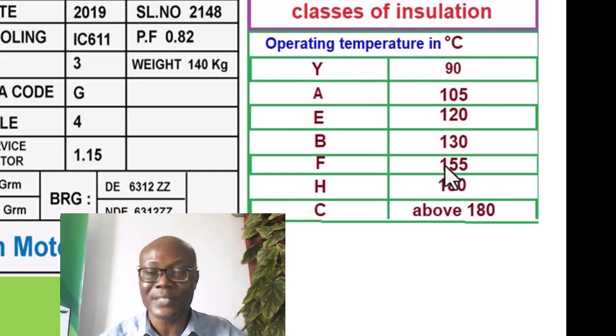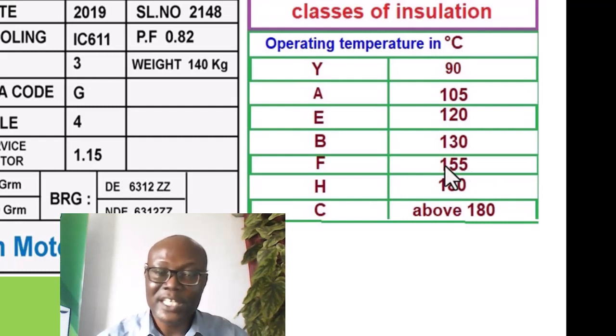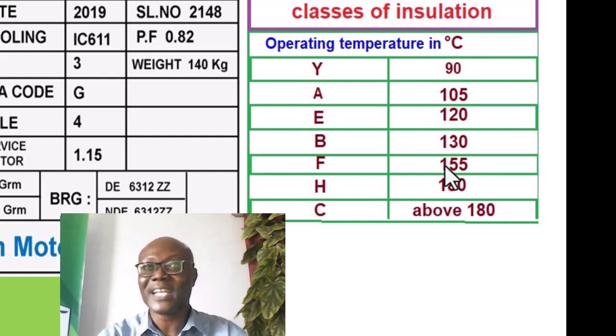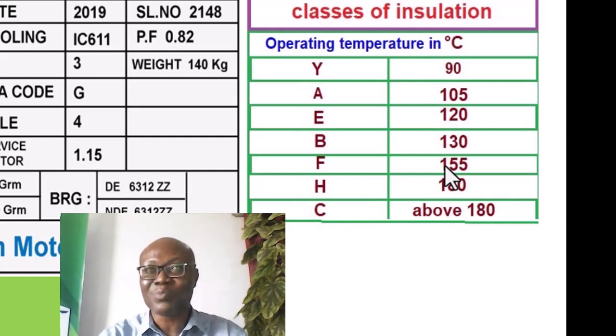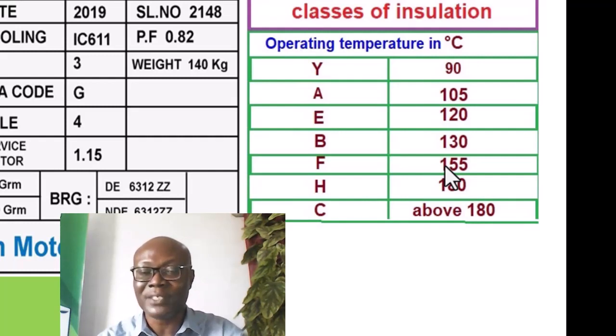What it means is that materials that are designed to operate in class F can withstand temperature, or can work comfortably in a temperature environment, as much as 155 degrees Celsius. This is inclusive of the ambient temperature.